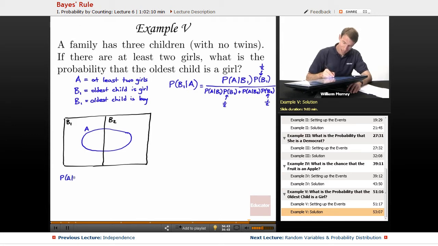The probability of A given B1. So that means that we're given that the oldest child is a girl. We're given that the first child is a girl. And we want to figure out the probability that at least 2 children are girls. So the probability that at least 2 children are girls, if the first child is a girl, means the probability that at least 1 of the younger 2 children is a girl.